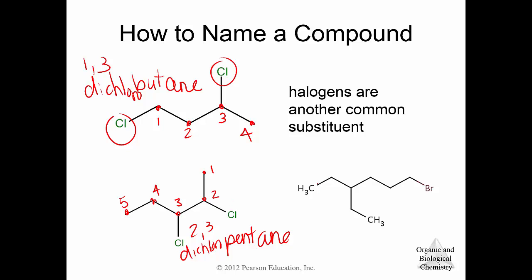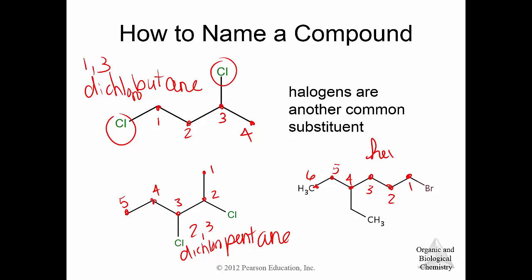And this example right here, I've got 1, 2, 3, 4, 5, 6. Which side should I number it from? I can start numbering from the left or from the right. Looks like I should start from the right because that's nearest my bromine group. So 1, 2, 3, 4, 5, 6.